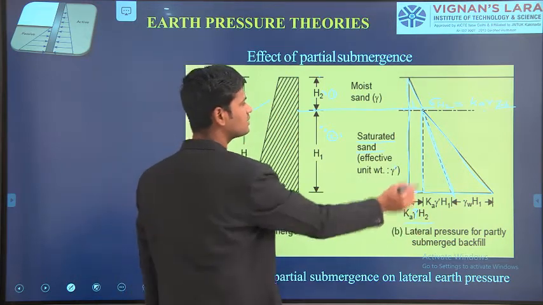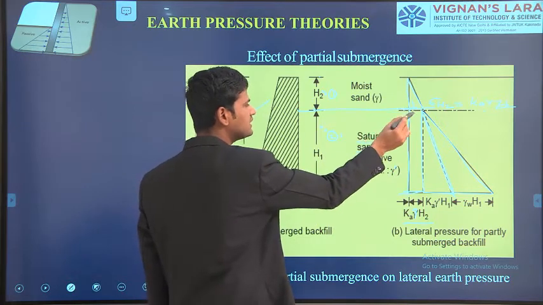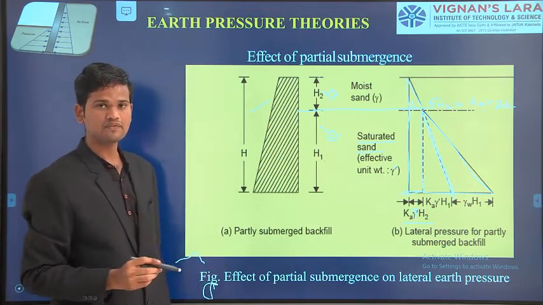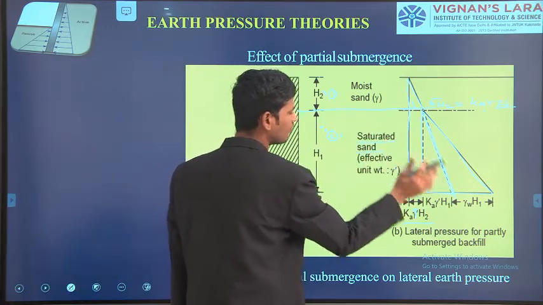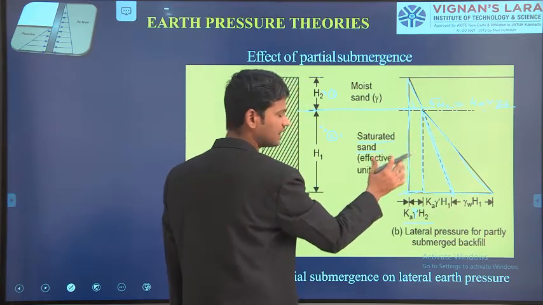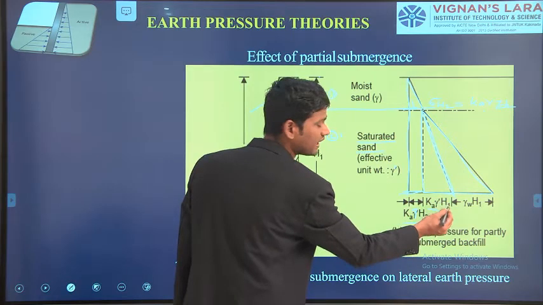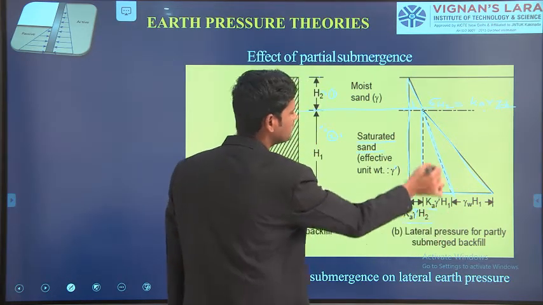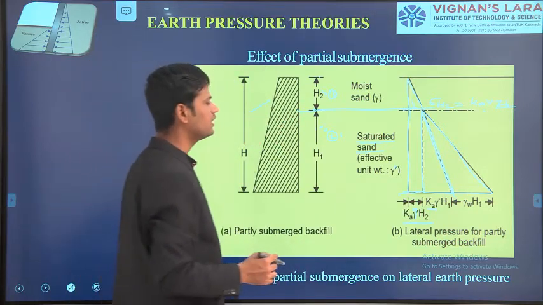This is the pressure of the first layer acting on the soil mass at a depth of H2. The same pressure will also be acting on the bottom of the second layer. Again, in this layer, the pressure acting on the retaining wall is Ka into gamma prime into H1. That means horizontal pressure equals vertical pressure into coefficient of earth pressure.